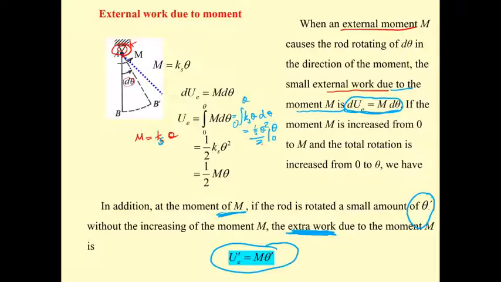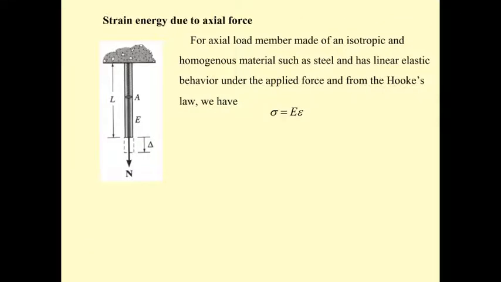And this is going to be the basis for the development of the method of virtual work. It's based on the principle of conservation of energy. It's based on the external work due to the force, and also on the external work due to the moment. We just finished this discussion.